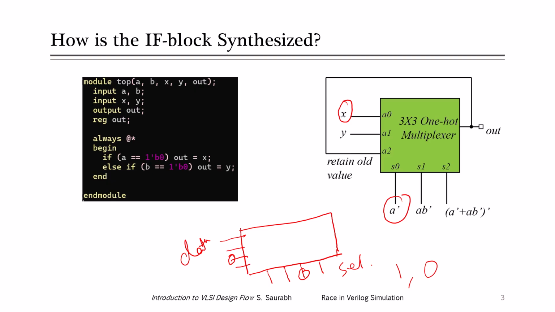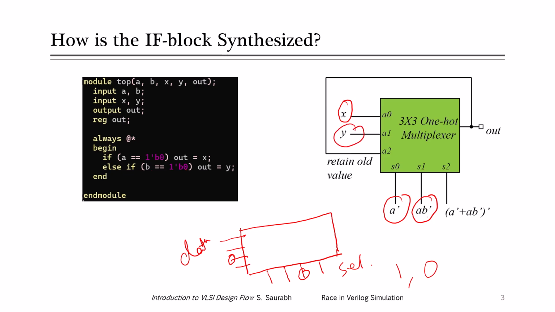And else if b is equal to 0, this will kick in when a is equal to 1 and b is equal to 0, and we can write it using the minterm a b complement, right? So whenever a b complement is true, then out gets a value of y.